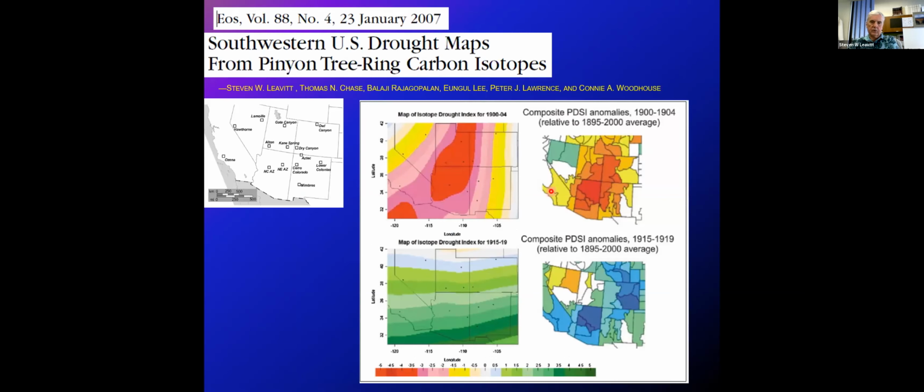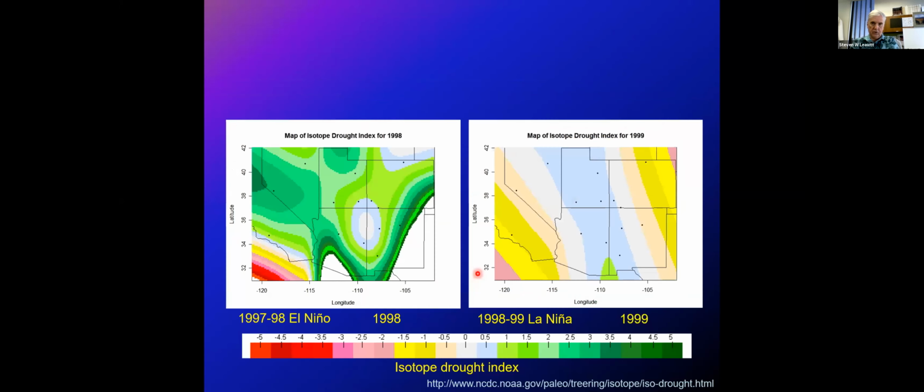Very strong drought indicated in that time period with the tree rings, isotopes, as well as with PDSI. Very wet indicated by both. This was during the time when the allotment of the Colorado River was determined based on the flow. So this was part of a very wet period, which eventually determined when or who was going to get water and how much water was going to be available.